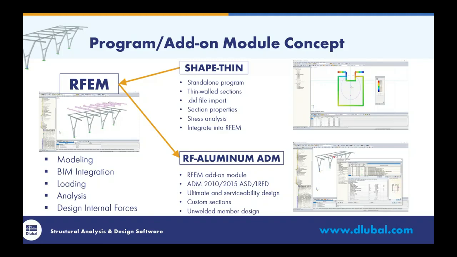This does include both ultimate and serviceability design, so we can check deflections as well. This also includes custom extruded sections, which we'll see today, where we take this section from Shape Thin into RFEM and we can design it per the ADM. Now, this is for unwelded member design. Hopefully, at some point in the future, we hope to add the welded checks, but for now, keep in mind that it is only for unwelded members.